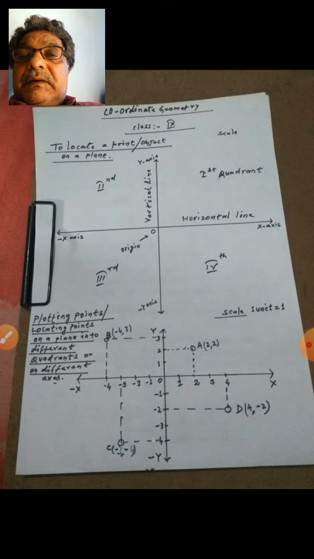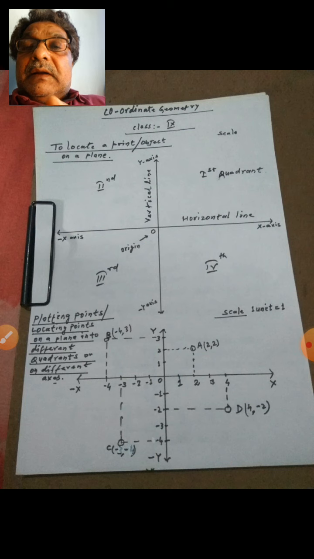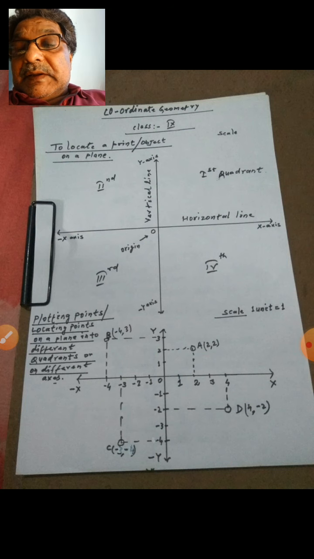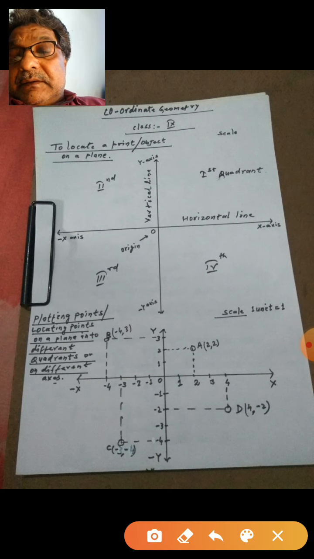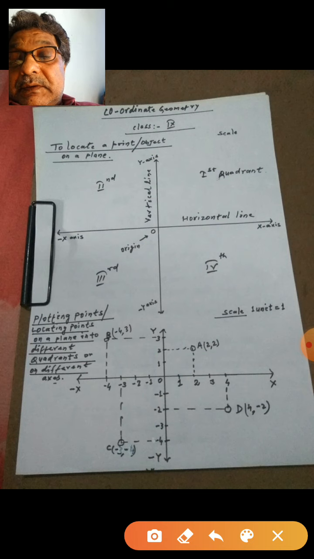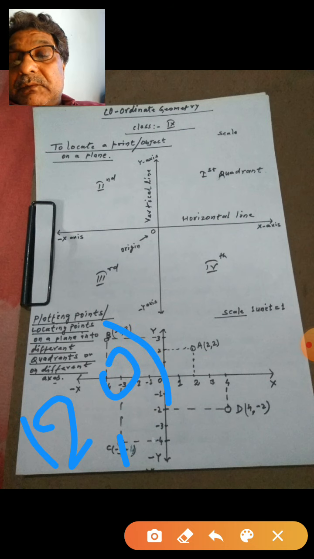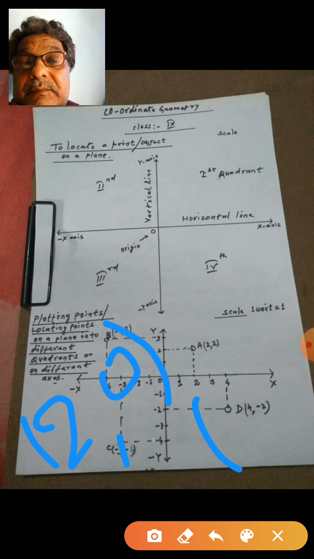Now we will consider those points whose one coordinate is 0. For example, I write 2 comma 0 as one point, and another point is 0 comma minus 3.